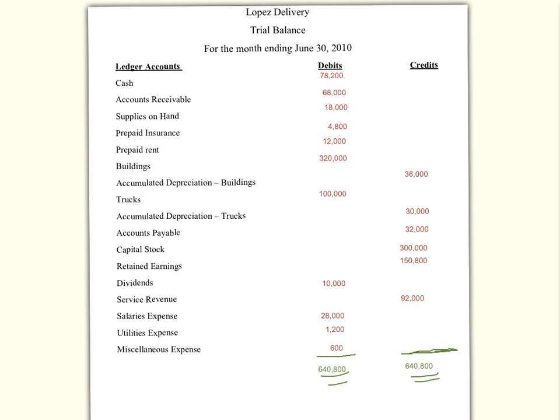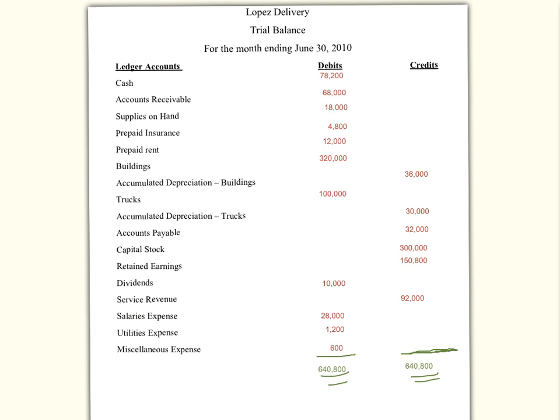We totaled the debits and it's $640,800. And we total the credits and we get the same amount. So we can be reasonably assured that we posted the journal entries properly and we summarized properly.